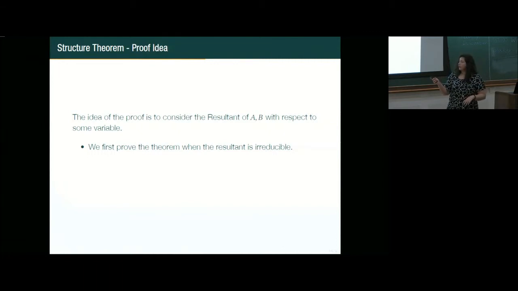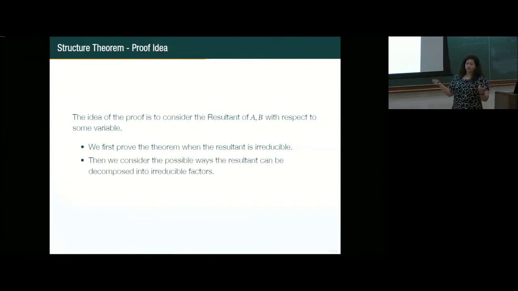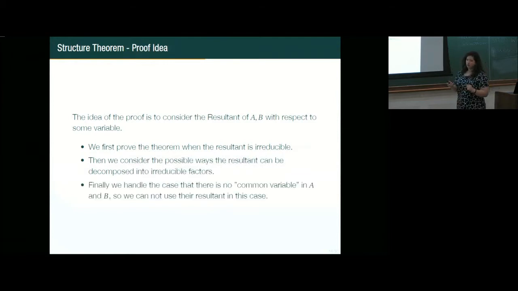Then we consider the possible ways that the resultant can be decomposed into components, and in each case we prove our theorem. And finally, we need to consider the case that there is no common variable, because for me to use the resultant, I need A and B to have non-zero degree in the same variable.